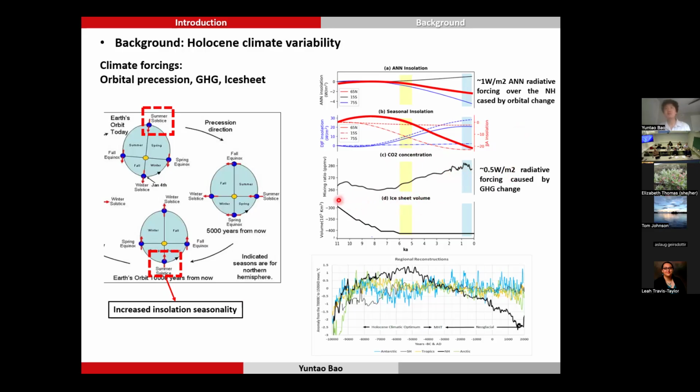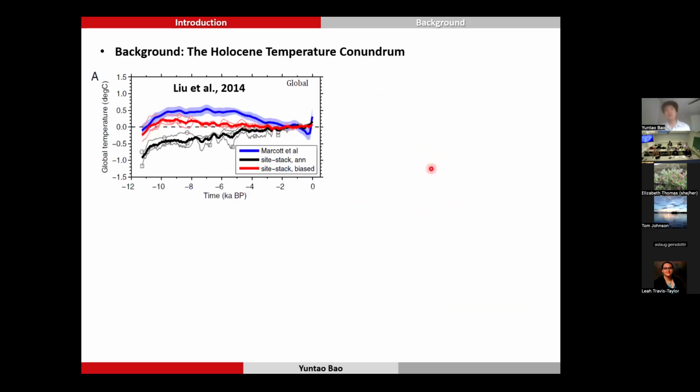And the ice sheet decrease also produces comparable radiative forcing. So that's why the temperature of climate models tends to respond to the increase of CO2 and decrease of ice sheet instead of the change of insolation. This causes the gradually increasing temperature simulated in models.